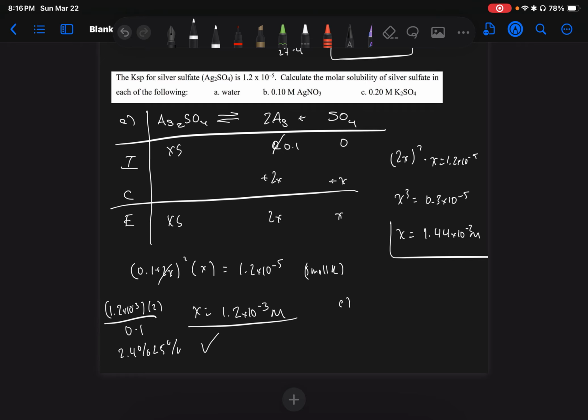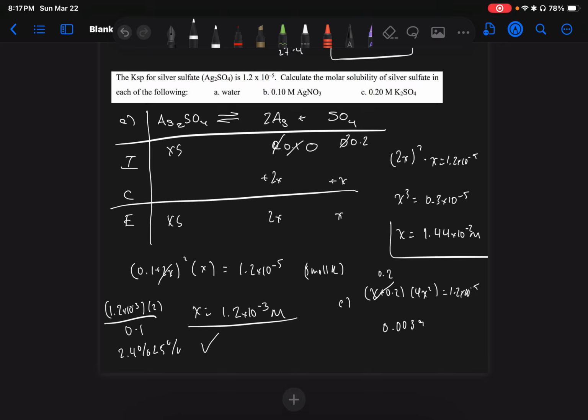Okay, now part C, we're just going to be putting 0.2 here now, so this barely changes anything. Okay, x is 1.2 e negative 5 divided by 4 times 0.2, square root that. 0.0039.